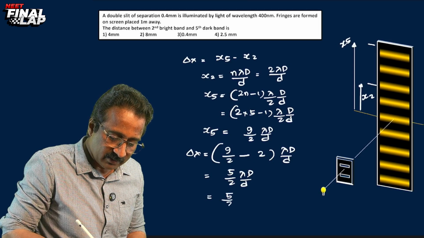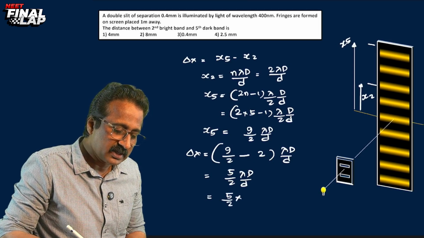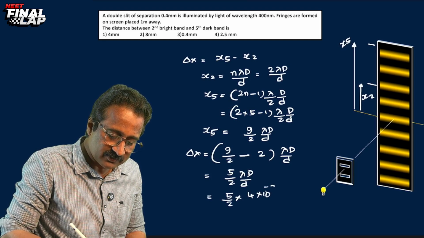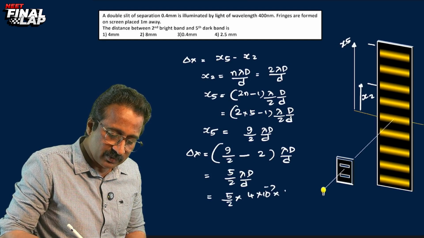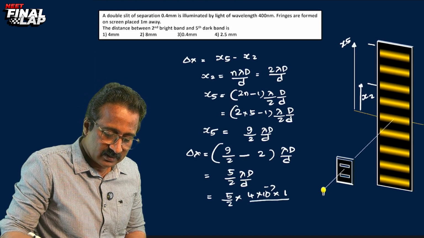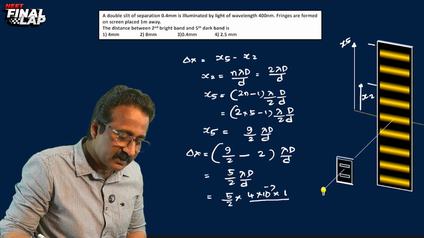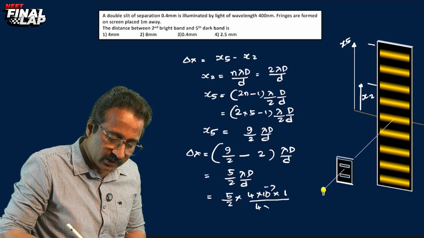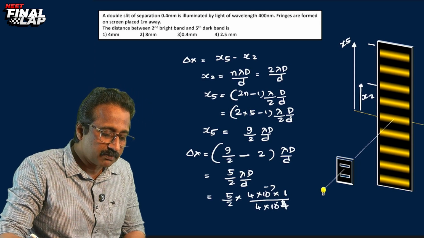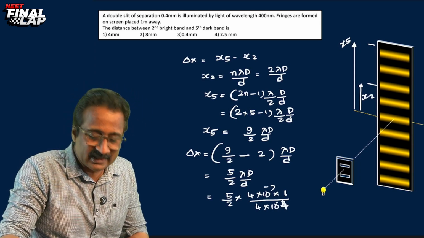It is 5 by 2 into lambda, which is 400 nanometers, so 4 into 10 raised to minus 7, into capital D, which is 1 meter, divided by small d. That is 0.4 millimeter, which is 4 into 10 raised to minus 4 meter, because 0.4 millimeter means 0.4 into 10 raised to minus 3.